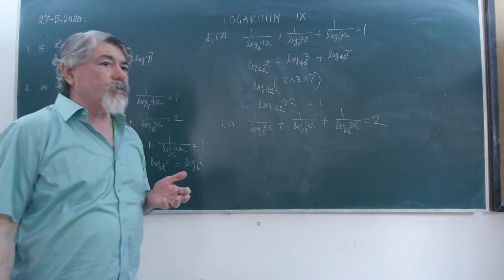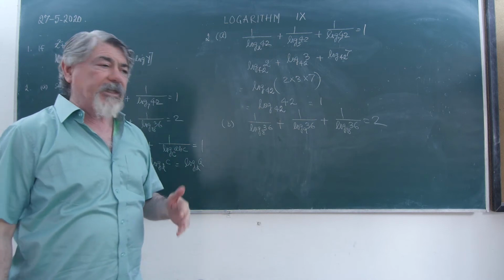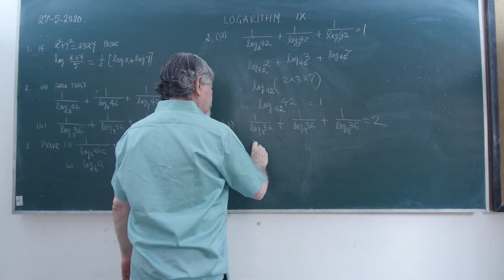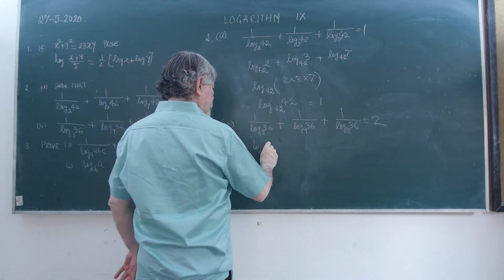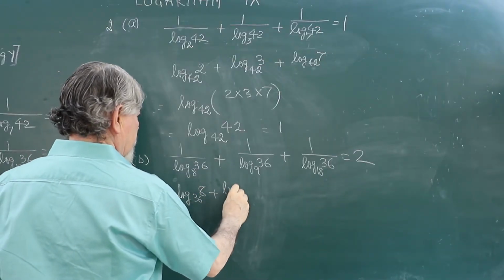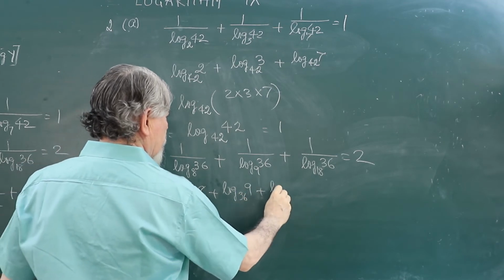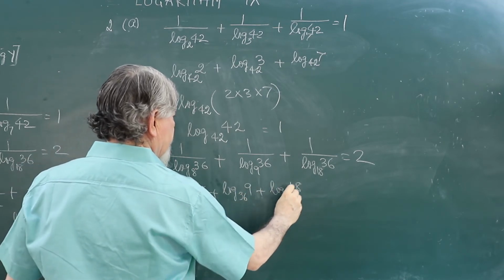So what I am going to do is again take them into numerator and change the base. So interchange these two. Log 8 to the base 36 plus log 9 to the base 36 plus log 18 to the base 36.